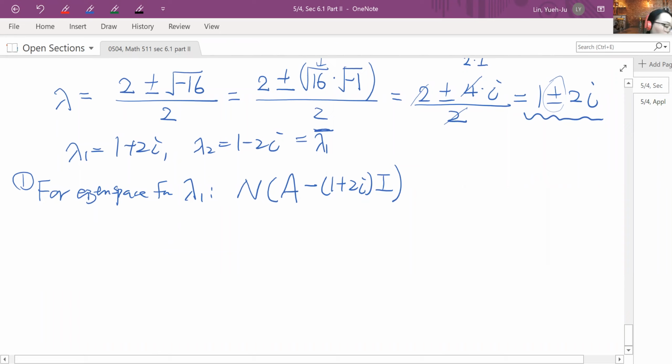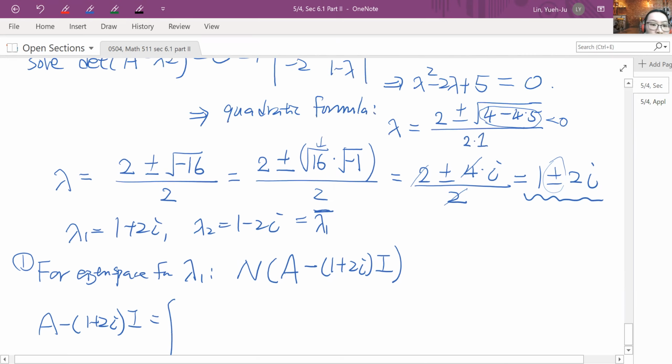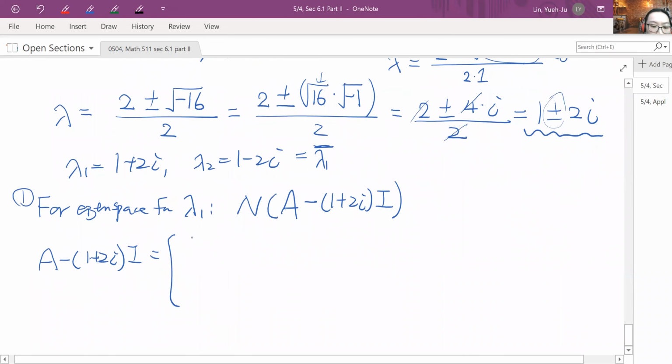So let's just see it for once. Let me carefully calculate this. My original matrix is 1, 2, minus 2, 1, but I want to subtract this eigenvalue from the diagonal.